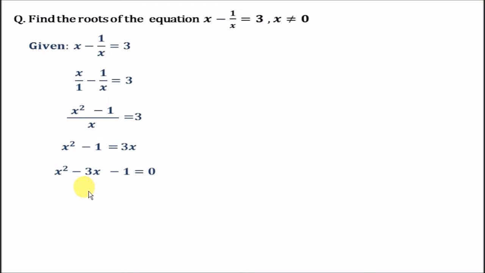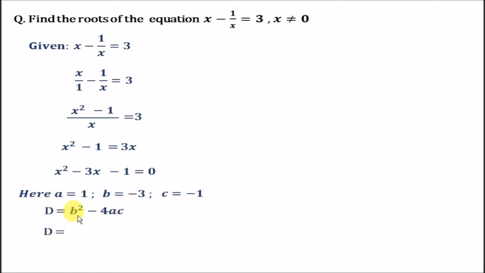On comparing with the standard form of quadratic equation, here we have the coefficient of x squared, a equals 1, the coefficient of x equals minus 3, that is b equals minus 3, and the constant term c equals minus 1. Now let's find the discriminant of this quadratic equation. D equals b squared minus 4ac.